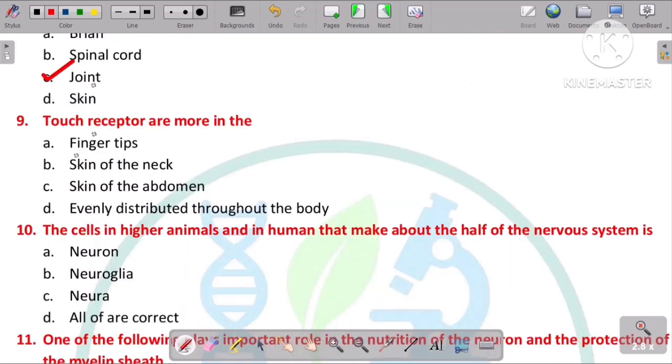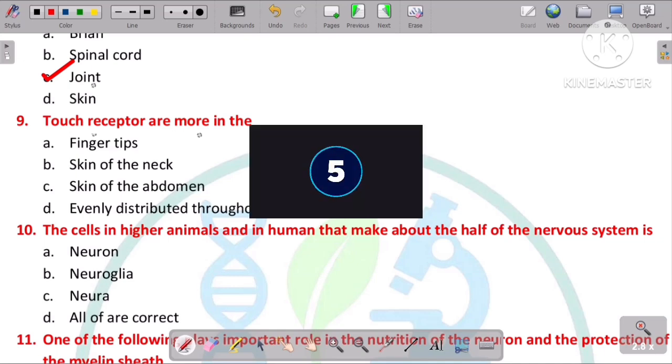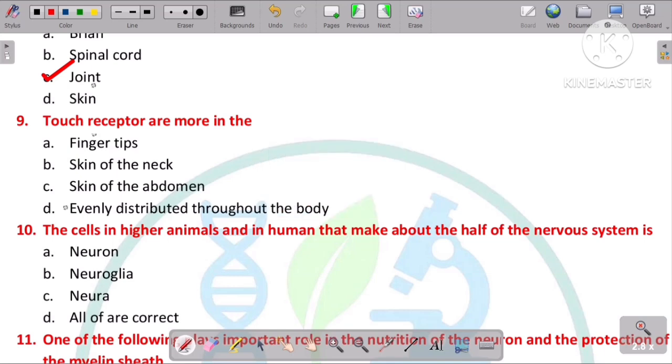So the next question is: touch receptors are more in... So the right option is option A, fingertips.